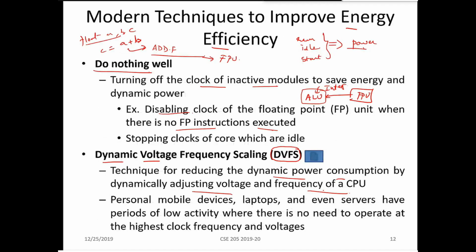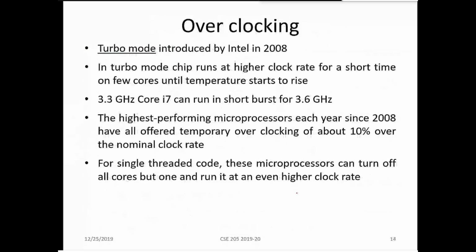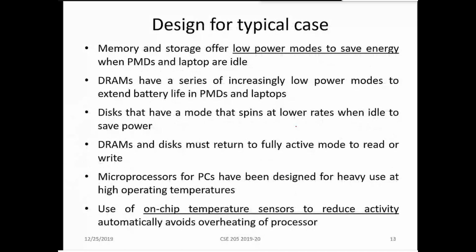Okay, this DVFS is for the typical case, and other techniques depend upon the devices, which we have to take care of. Memory and storage offer low power modes to save energy when PMDs and laptops are idle.